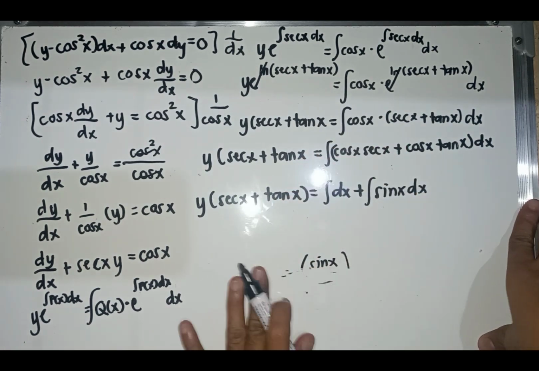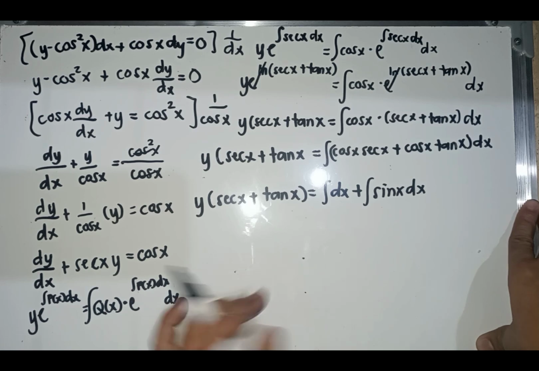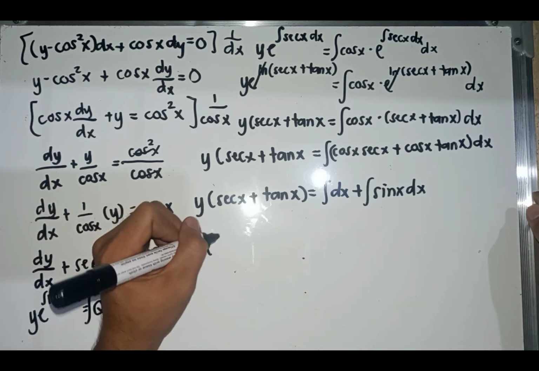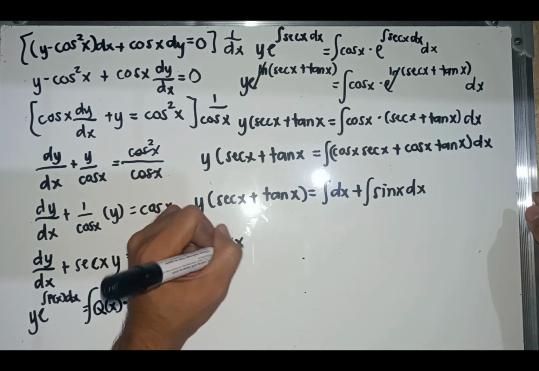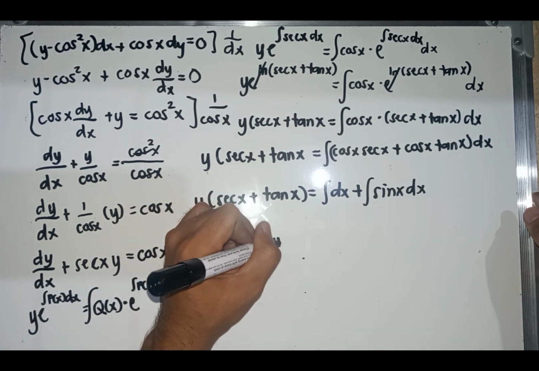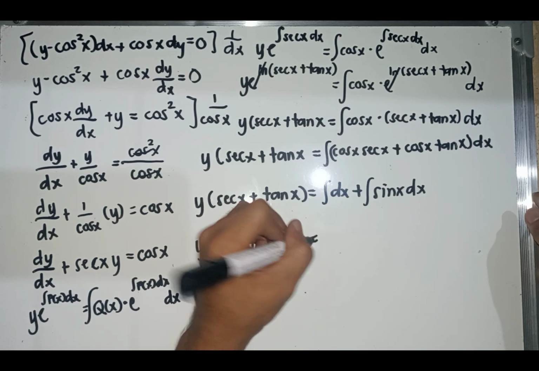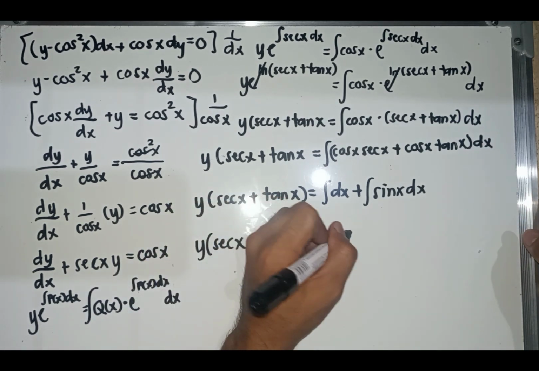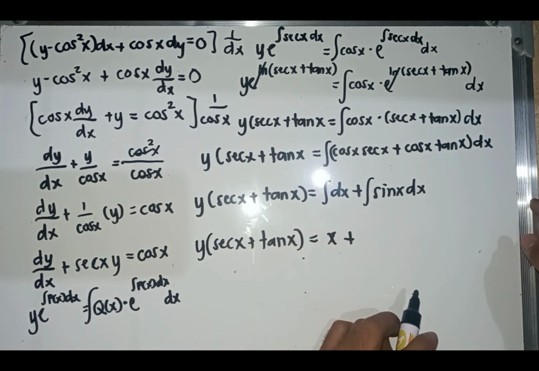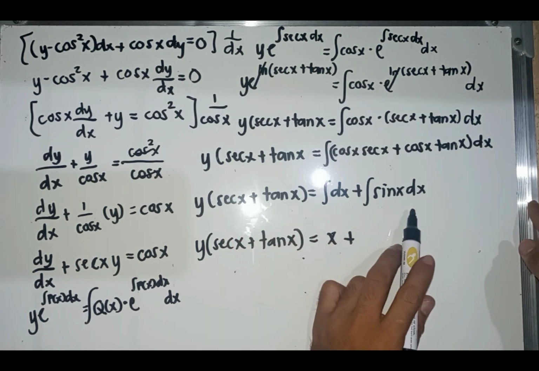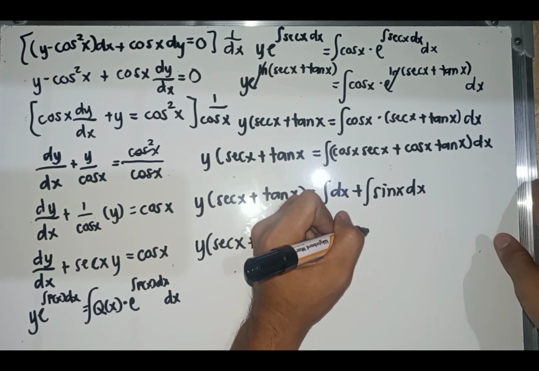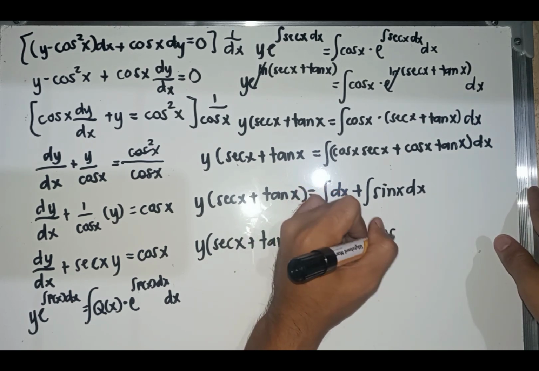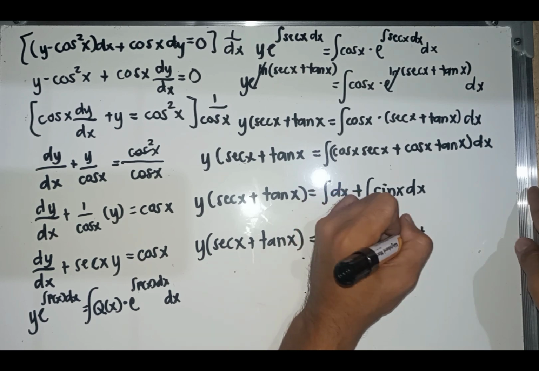Now we're going to integrate for its value. So we have y times secant of x plus tangent of x is equal to the integral of dx, which is only x, plus the integral of sine of x dx, which is negative cosine of x, plus c.